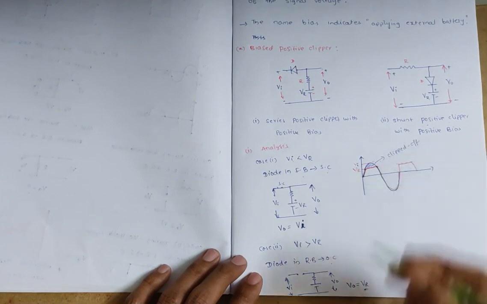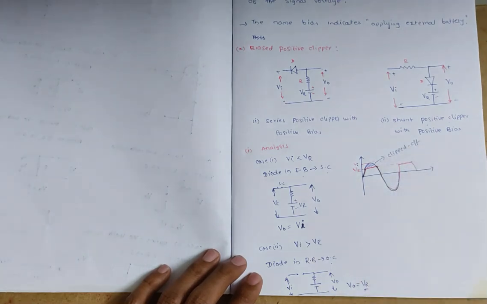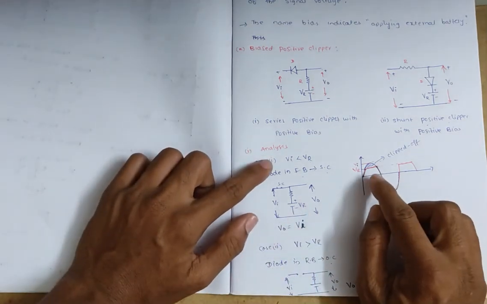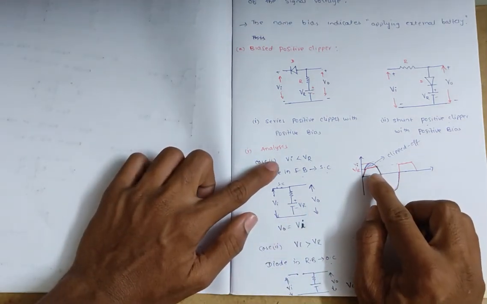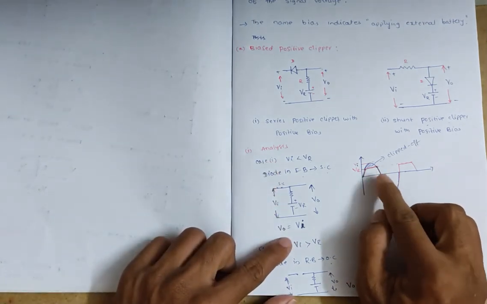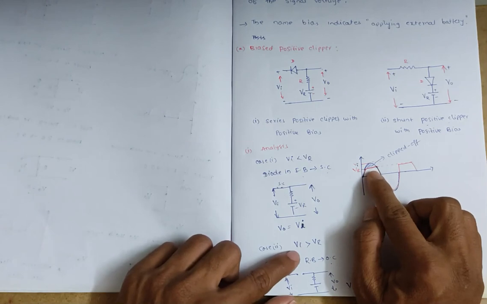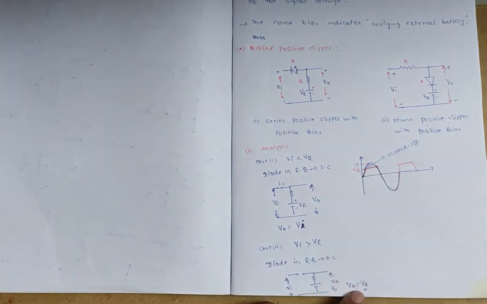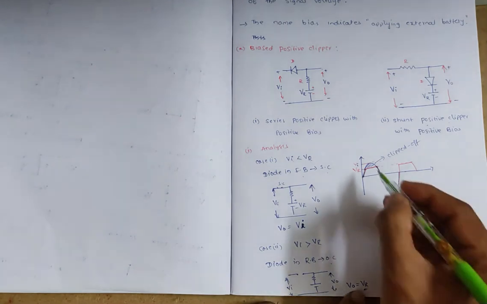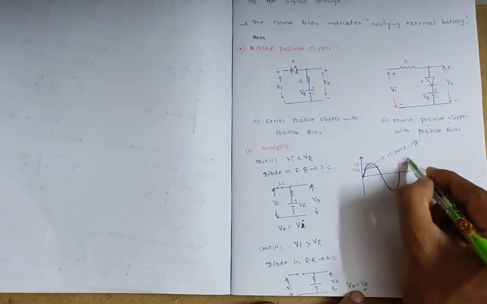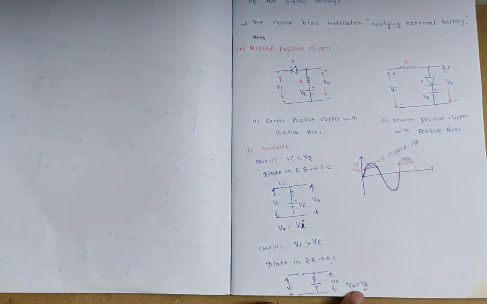Below the VR, that means when the input voltage signal is below the reference voltage, output V0 equals Vi. When it is greater than the VR voltage, then output voltage equals VR only. So it will not exceed more than VR. So this part will be clipped off.